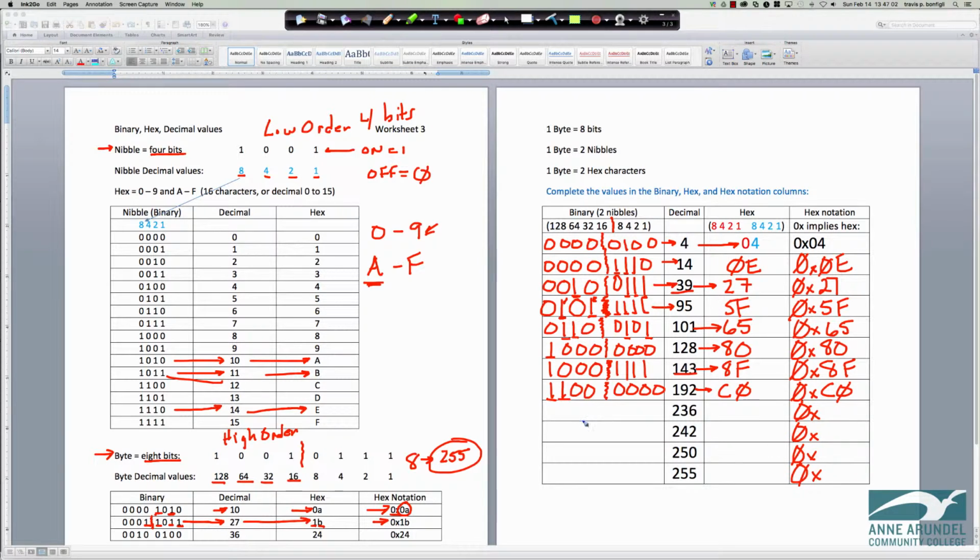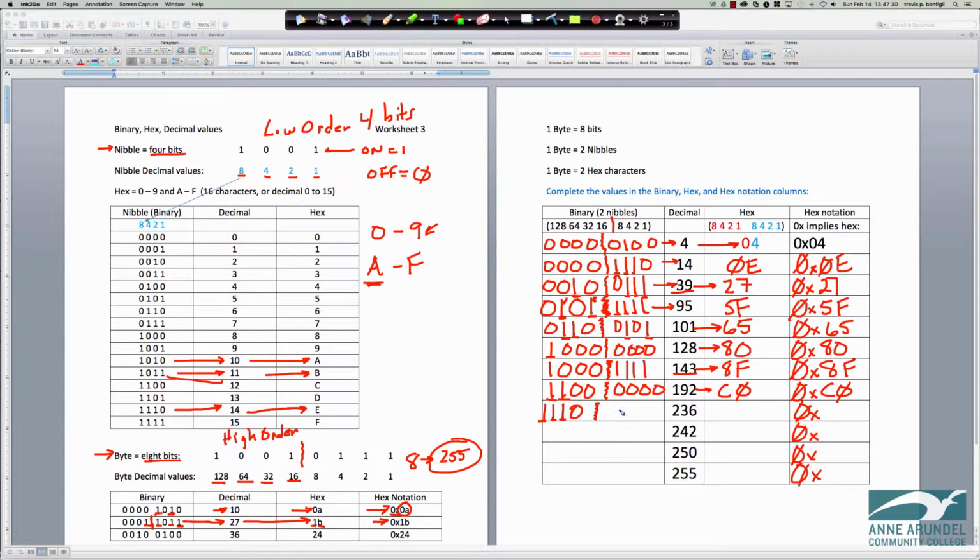All right. Now we have 236. Well, we've got 128 plus 64 is 192. Plus 32 is 224. And I can't do 16 because that would take us to 240. So we'll have a 0 there. We'll do our line down here. So right now, 128 and 64 is 192. Plus 32 is 224. So I'm only 12 away, because 224 plus 12 would be 236.